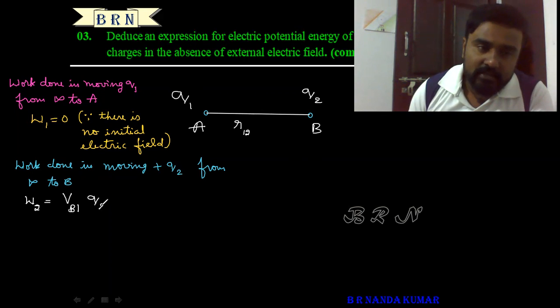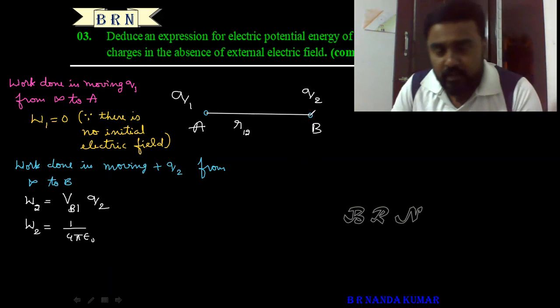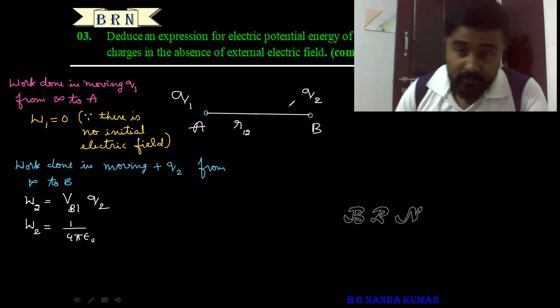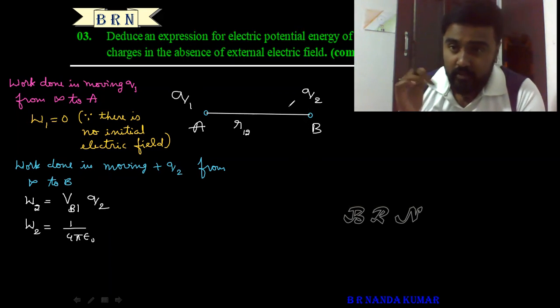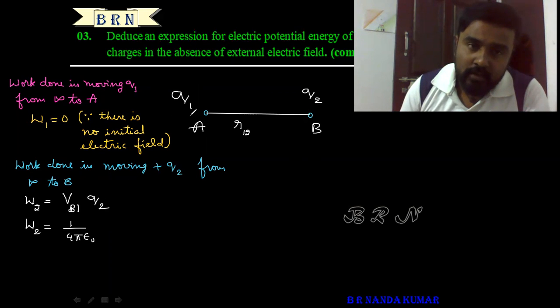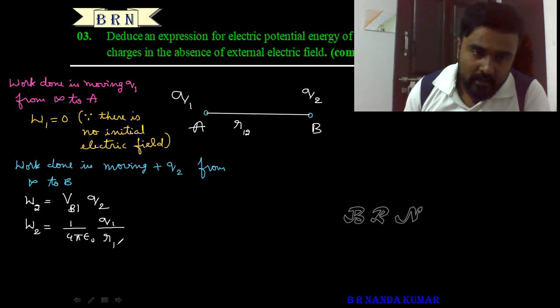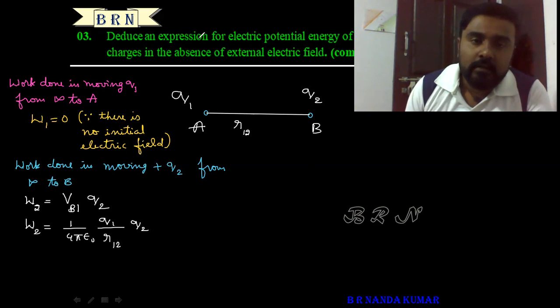So W2 is equal to VB1 times Q2. We use the equation for electric potential at a point due to a point charge, that is 1 by 4 pi epsilon naught Q by R. Here the point charge is Q1 and the distance is R12. So VB1 is 1 divided by 4 pi epsilon naught Q1 divided by R12, and W2 is that into Q2. Right?